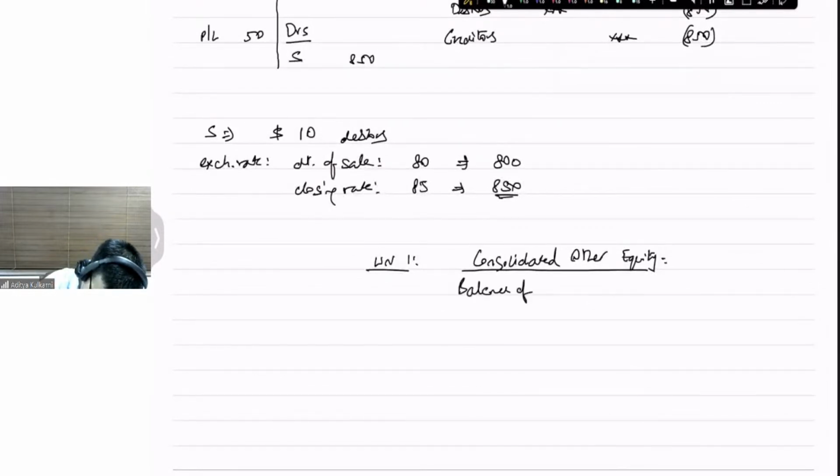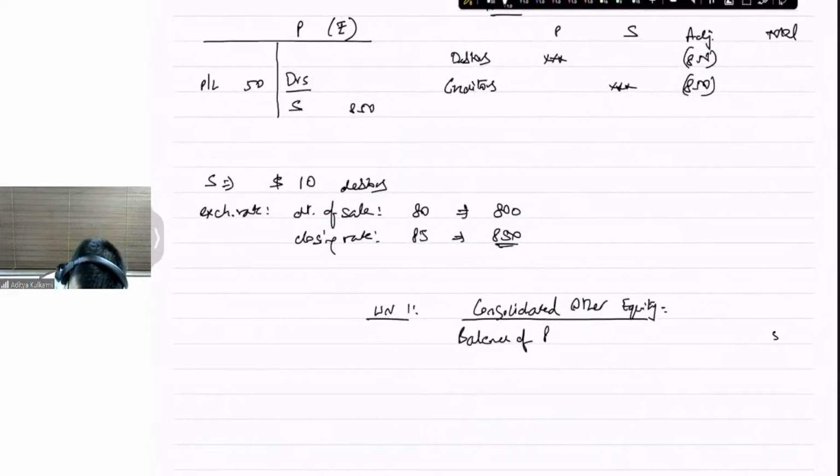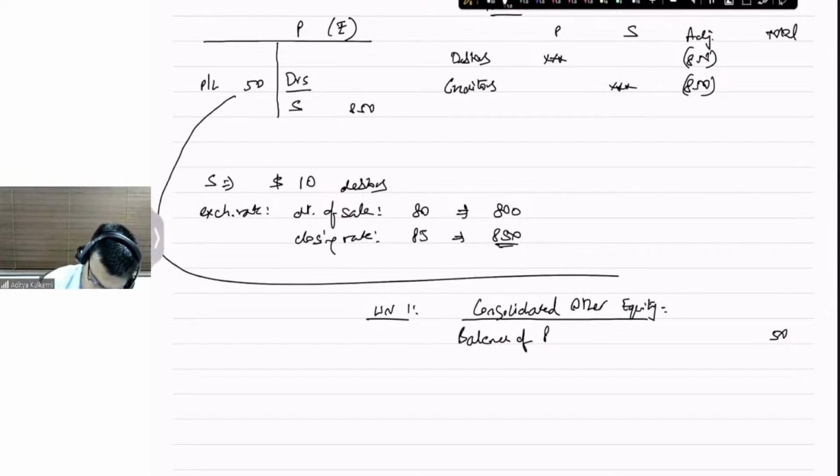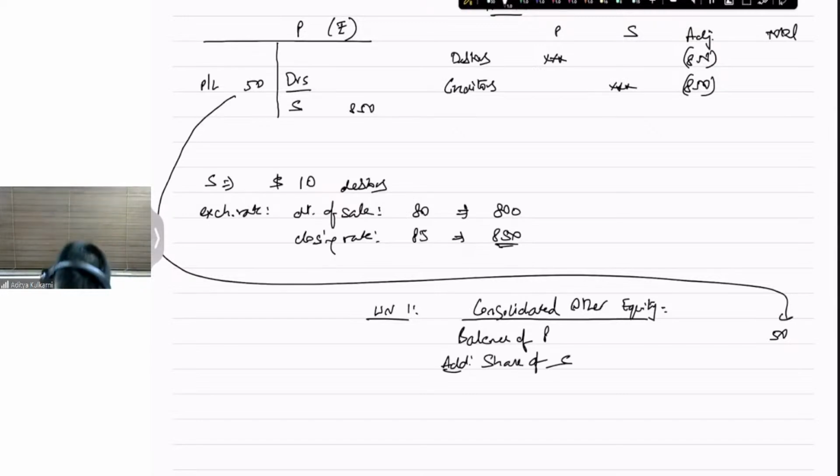In the consolidated other equity, we are having the balance of P. It will start with this 50 included, add share of S. You remember, this is what we used to do in the consolidation process. So 50 plus X. Now my question is, sir, do I include this 50, which is the translation gain on my subsidiary's intra-group balance?